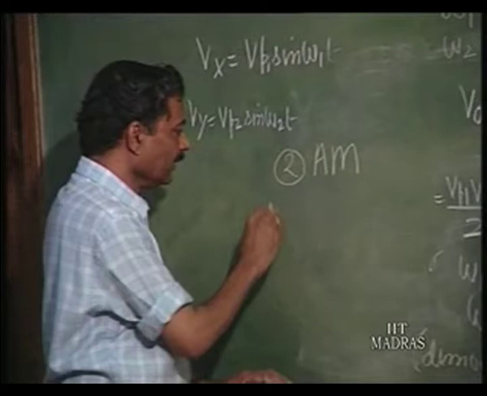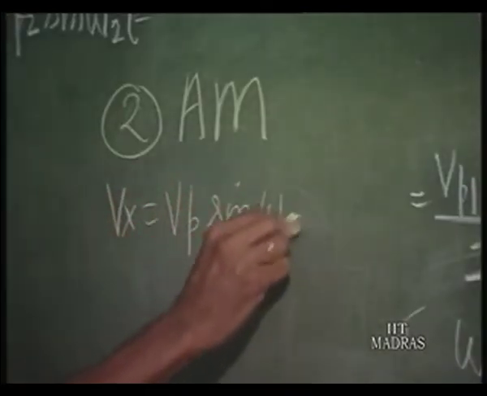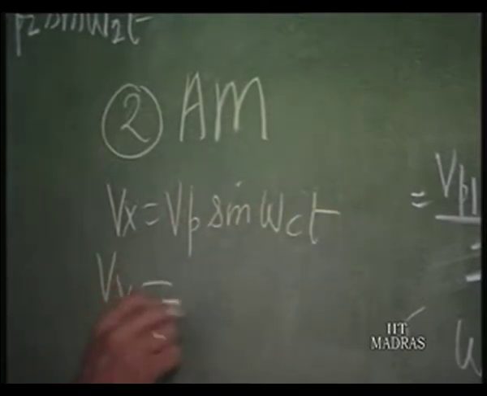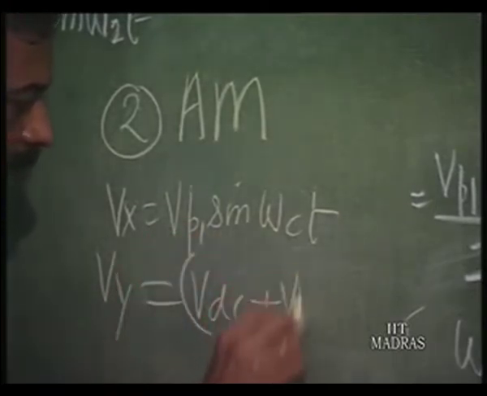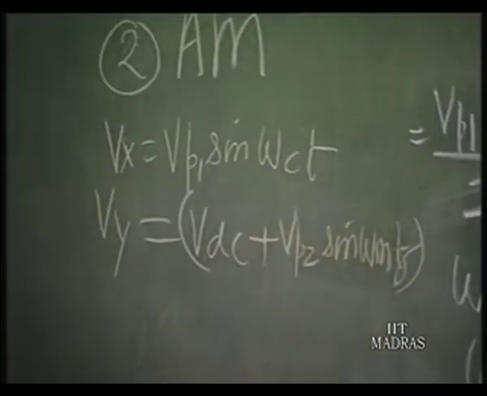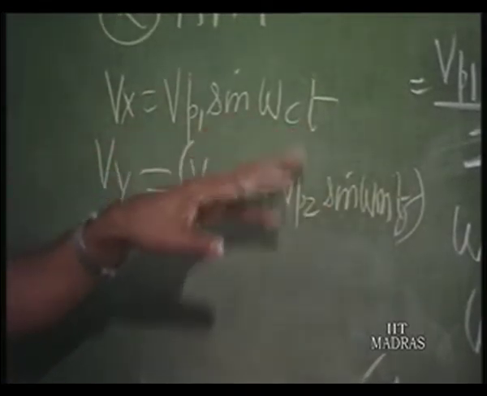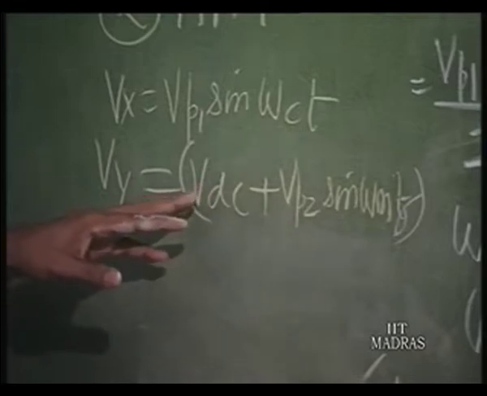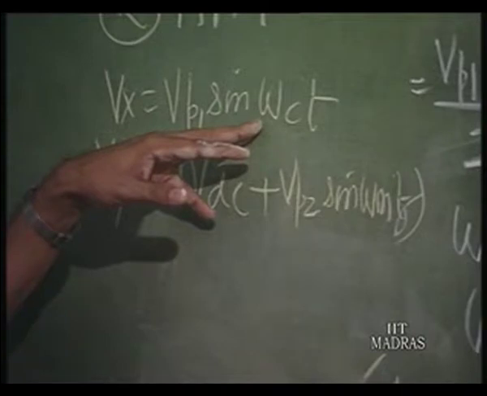Let us say Vx is Vp sin omega Ct, Vy on the other hand is a DC plus Vp2 sin omega mt. So, when you multiply, apart from the product component, which is sin omega Ct into sin omega mt, you have DC multiplied by the carrier, which will give you sufficient carrier to identify the signal properly.